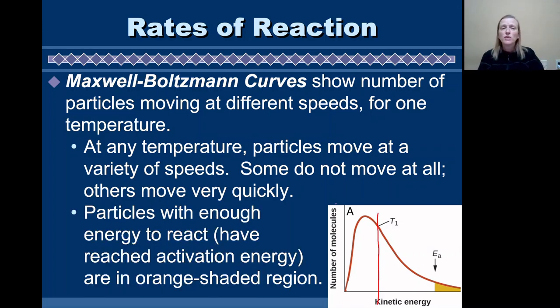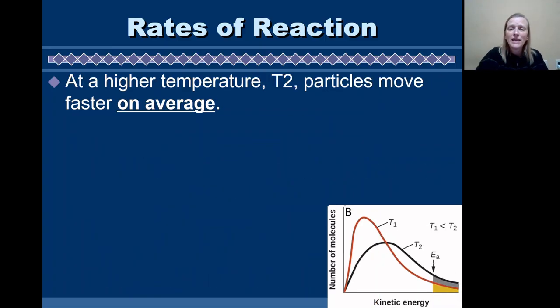Particles with enough energy to react that have achieved that activation energy are shaded in here on the graph. If I increase the temperature, where the average isn't here anymore, it's now here, you can see that with that increase in temperature, I now have a larger region shaded in gray.